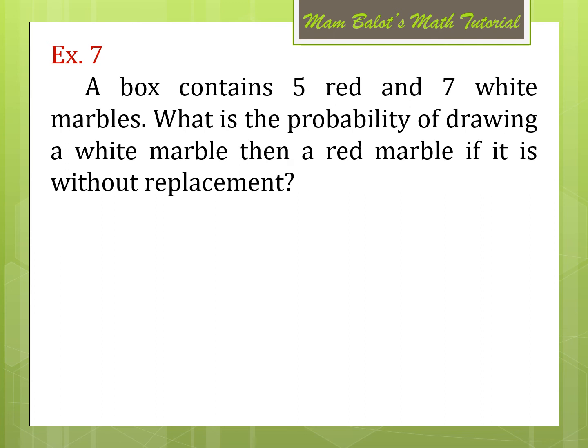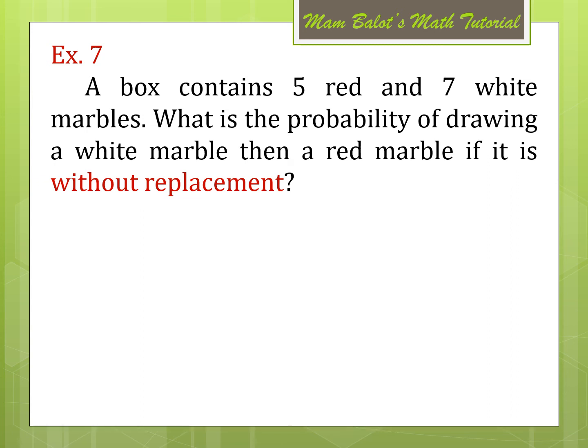For the same situation in the box, what is the probability of drawing a white marble, then a red marble if it is without replacement? When we say without replacement, it means that we will not return the first marble drawn to the box.